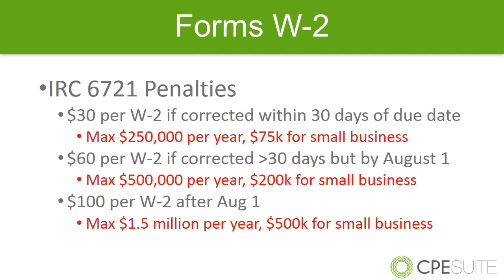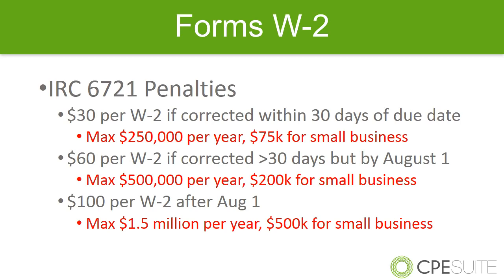Now, what exactly are the penalties? These can get pretty stiff pretty quick if you have a lot of employees. Under IRC 6721, the penalty is based on when you actually file.